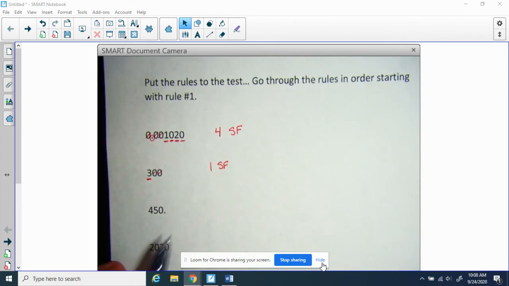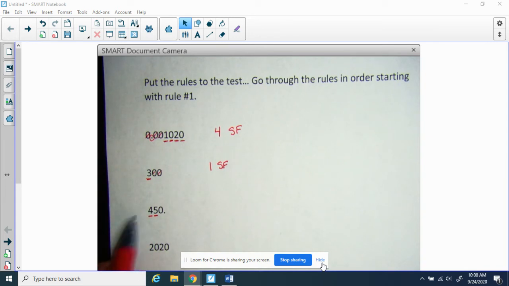Let's look at the number 450. This number again, apply the rules, start with rule number 1 and work your way through. So rule number 1 talks about 1 through 9 numbers. I find all of those first. I read left to right. 4 is a 1 through 9 number. 5 is a 1 through 9 number. I then see I have a 0 left. We apply the rules. Rule number 2 says leading 0.